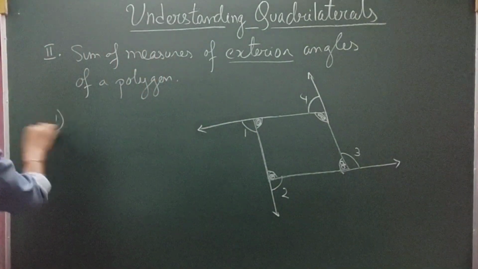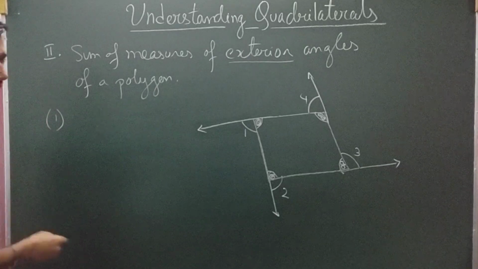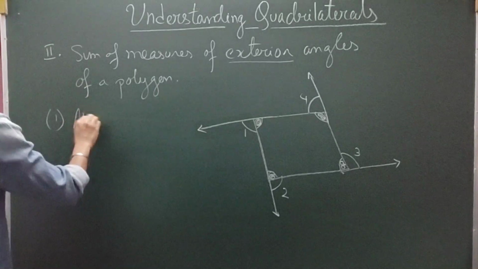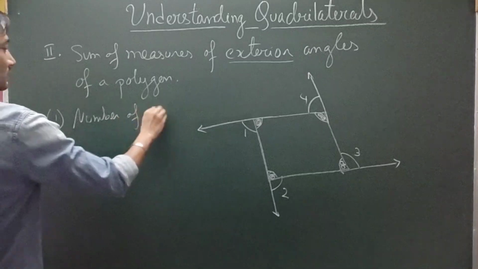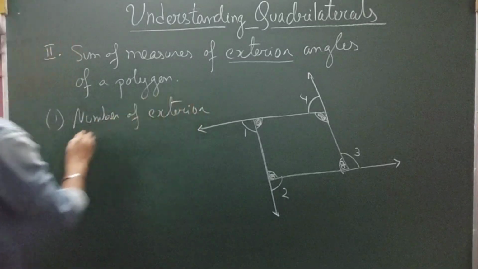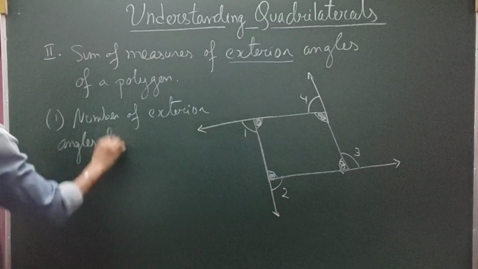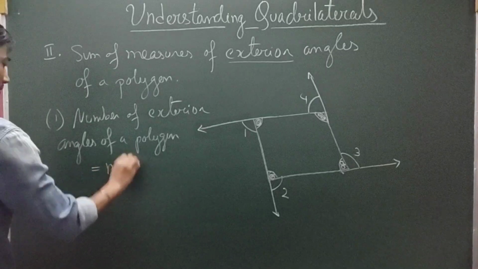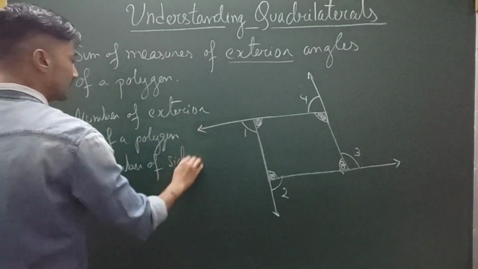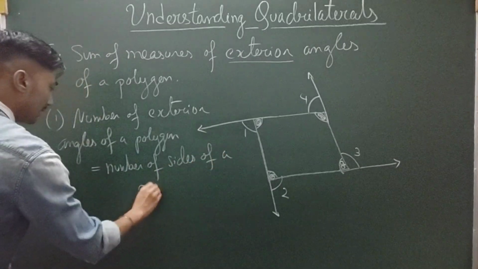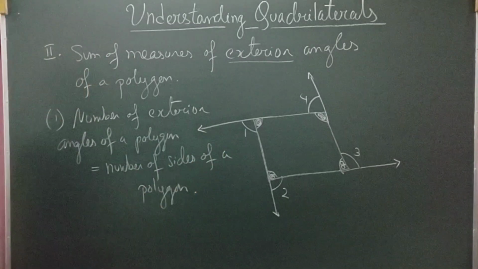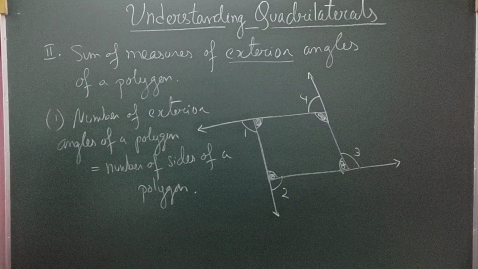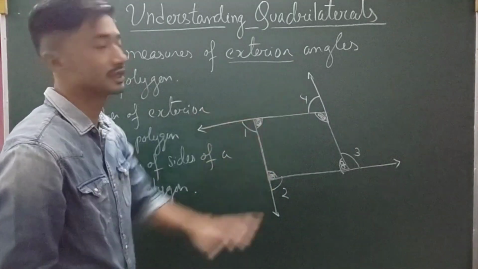So the first condition is that the number of exterior angles of a polygon is equal to the number of sides of the polygon. So 4 sides, 4 exterior angles.